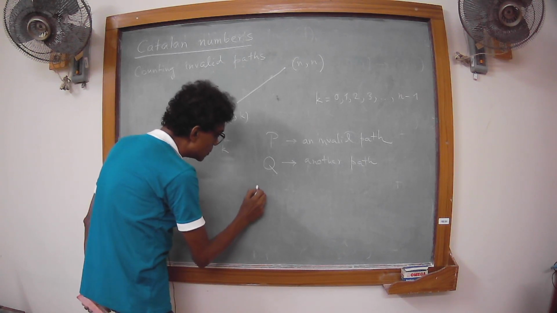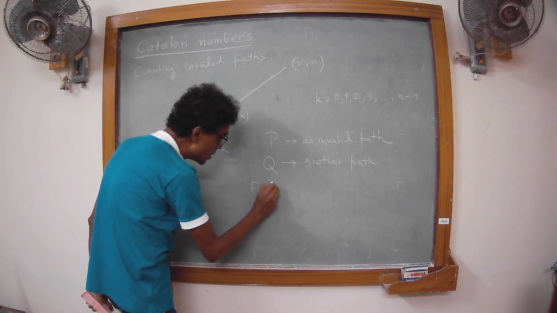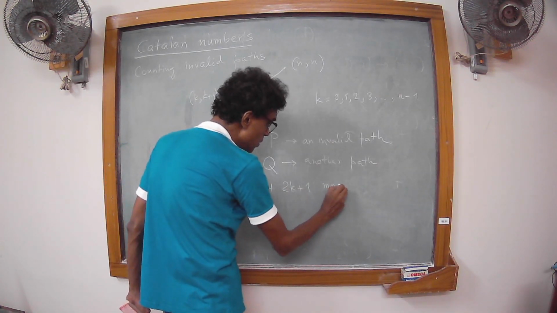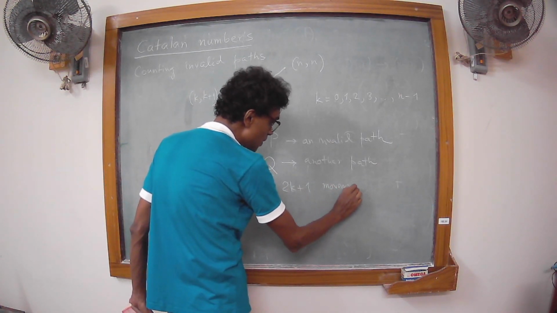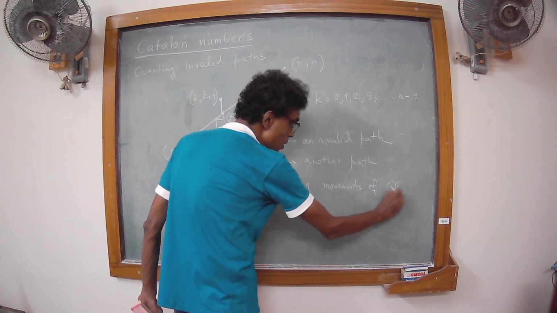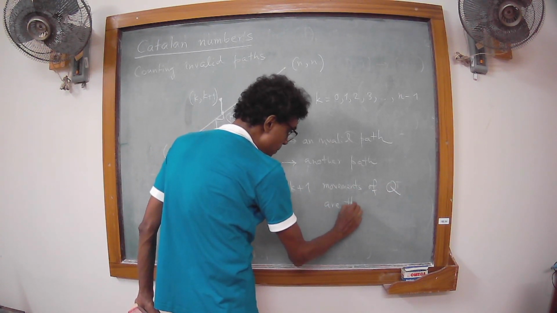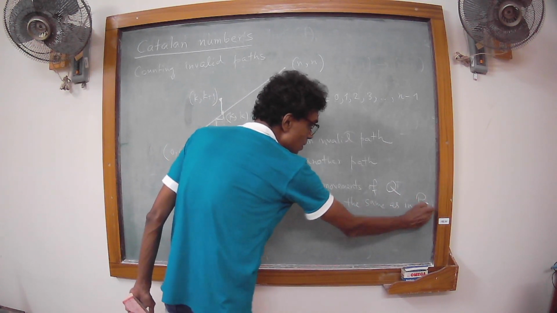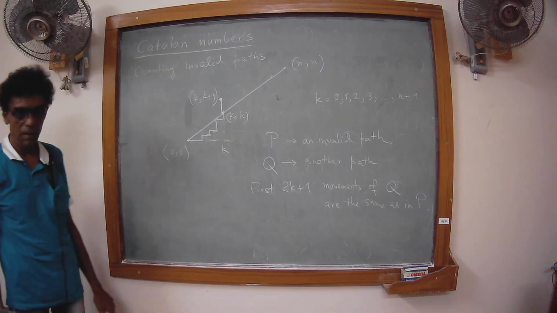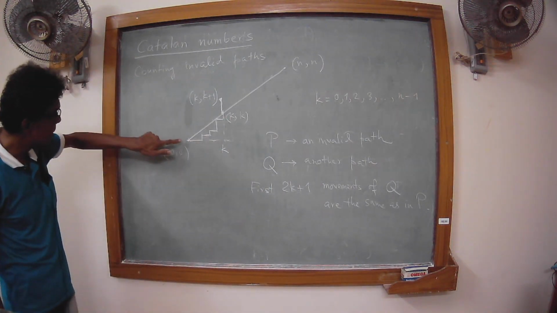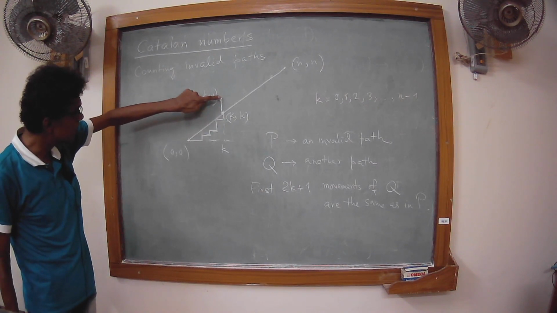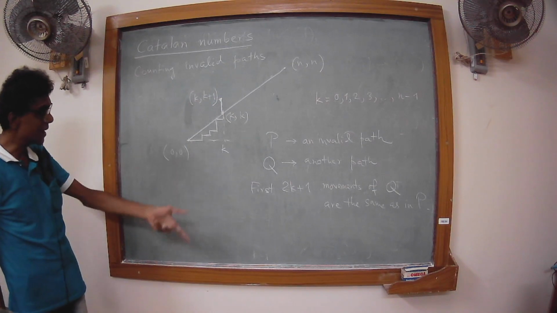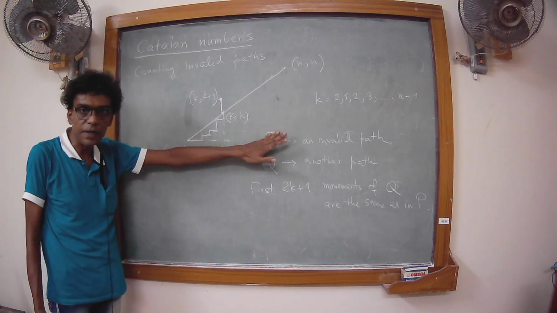So the first 2K plus 1 movements of Q are the same as in P. So Q exactly follows P up to this point. After that, Q behaves a little differently.